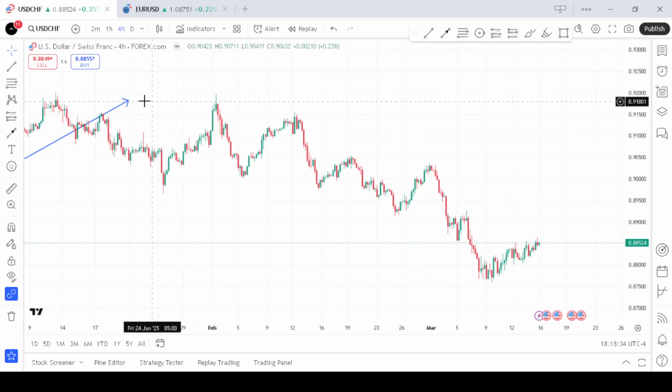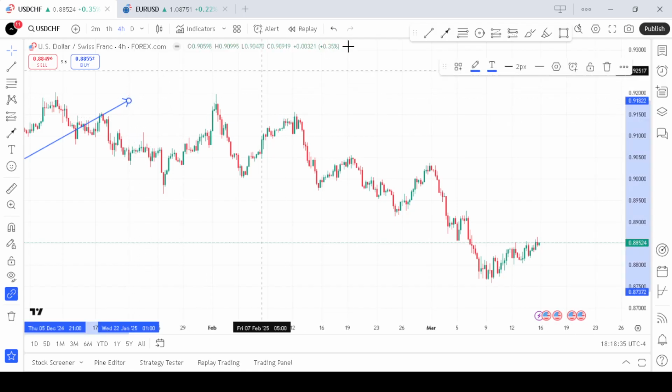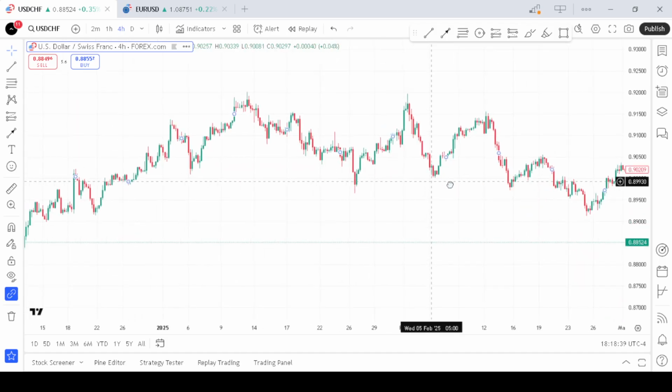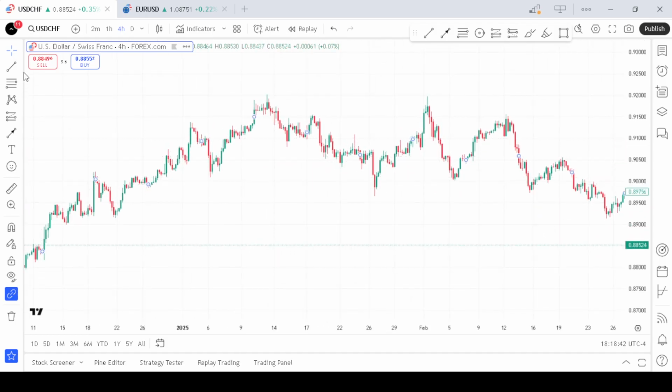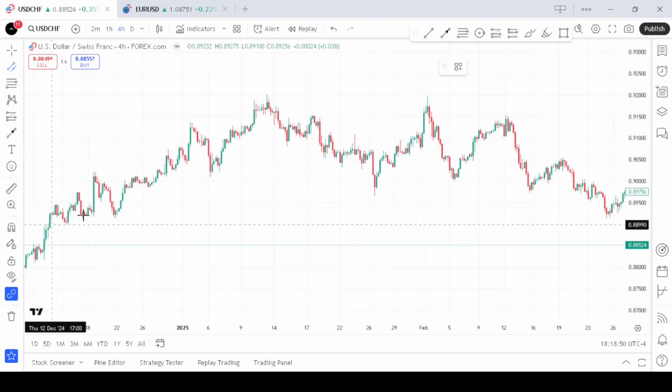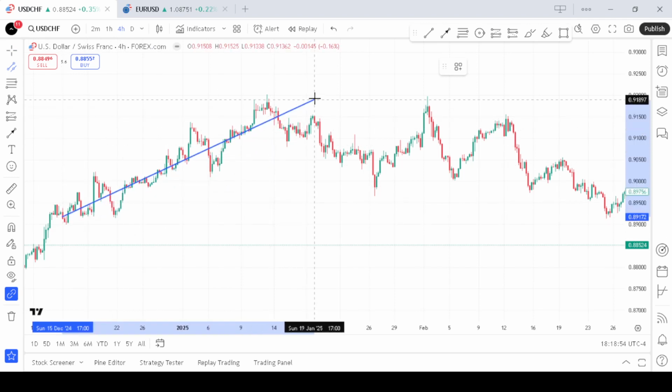The trend channel is the next tool we are going to talk about, and this is basically an excellent tool for identifying and visualizing price movement in a channel.